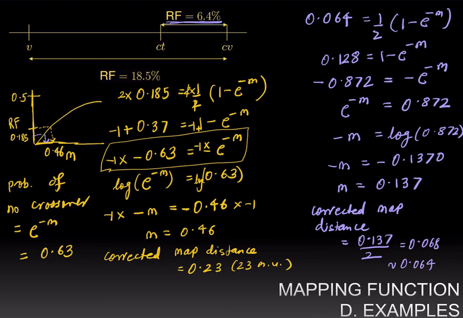And the way we apply the mapping function is to determine the average number of crossovers m from the measured recombinant frequency by solving the equation for m. And then once we have the m, we divide it by 2 in order to get the corrected map distance. And we do this because on average 50% recombinant gametes are produced per meiosis.